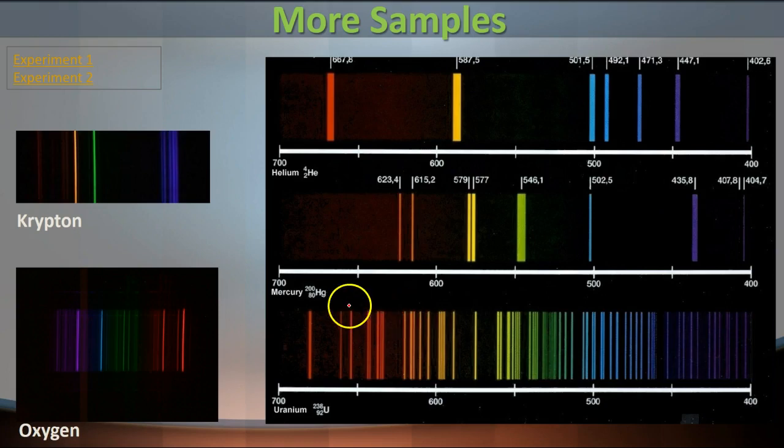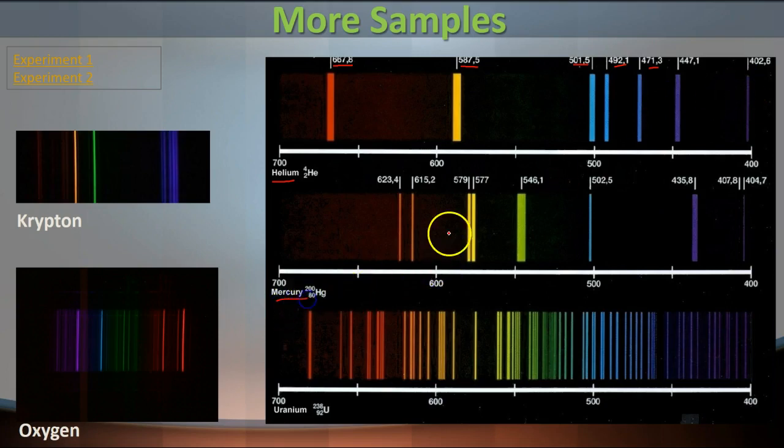To give you more idea, this would be the so-called unique fingerprint. For example, the first one, helium: you can see all these colors are present. The intensity can change, however these are the wavelengths being produced. It can be very bright or dim, however you will see one, two, three, four, five, six or seven visible lights.